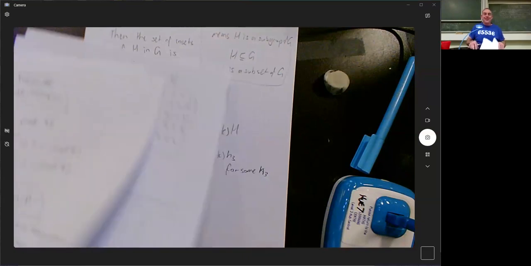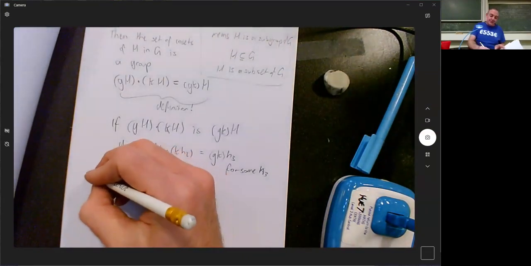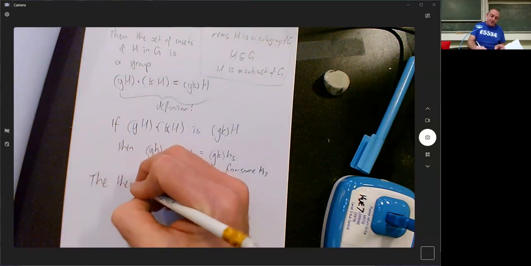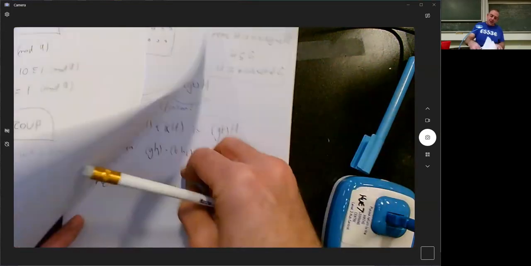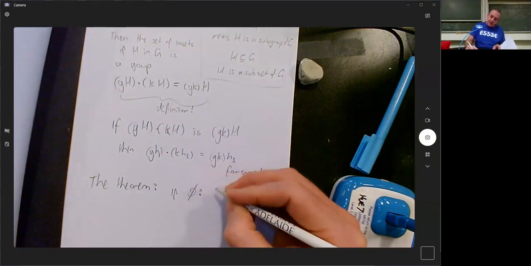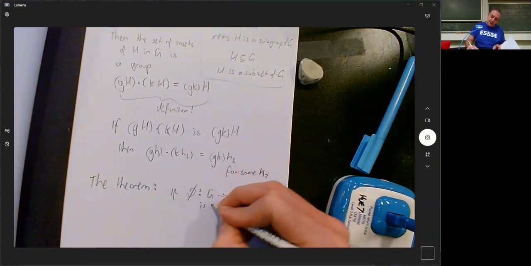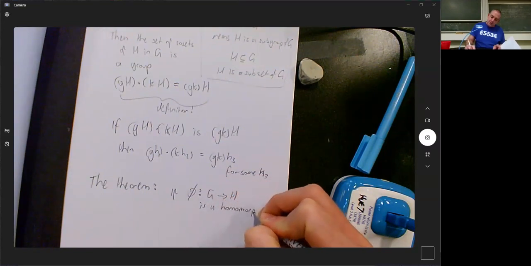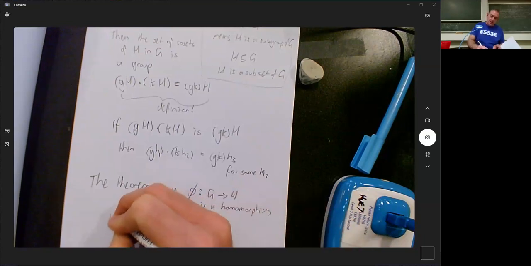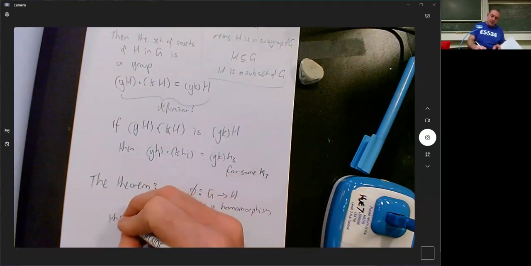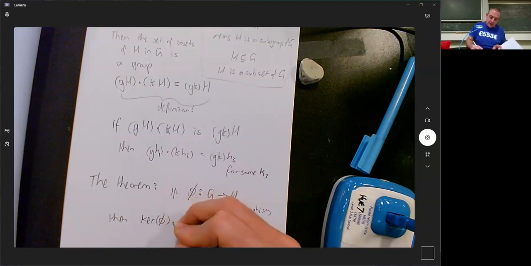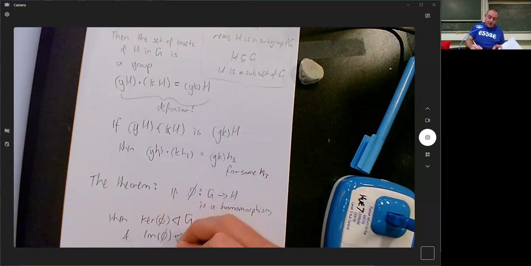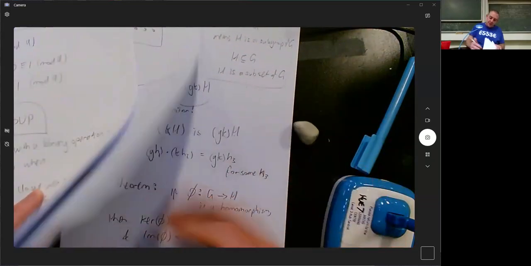The kernel, so what the theorem is saying, which says that if phi sends G to H is a homomorphism, then the preview to the theorem, which is probably a lemma, says that the kernel of phi is a normal subgroup of G, and the image of phi is a subgroup, not necessarily normal, of H.